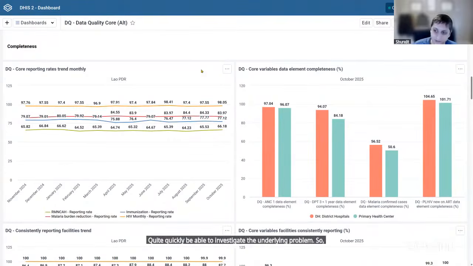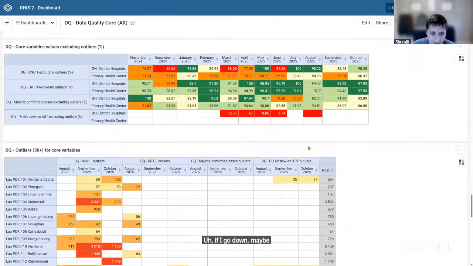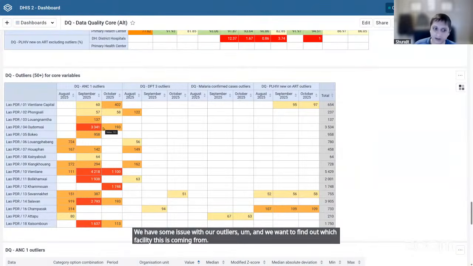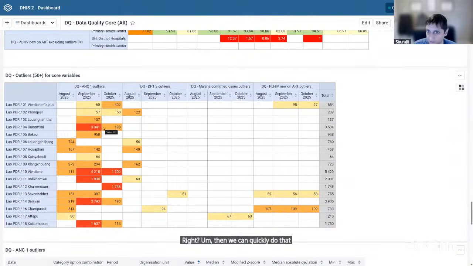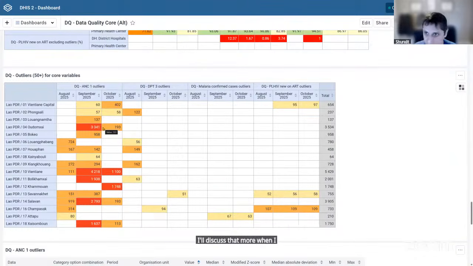So let's say we have here, if I go down, maybe we have some issue with our outliers, and we want to find out which facility this is coming from, right? Then we can quickly do that. We can quickly drill down and find out which facility is the source of that problem. I'll discuss that more when I discuss outliers specifically, but that's how the dashboard is set up.